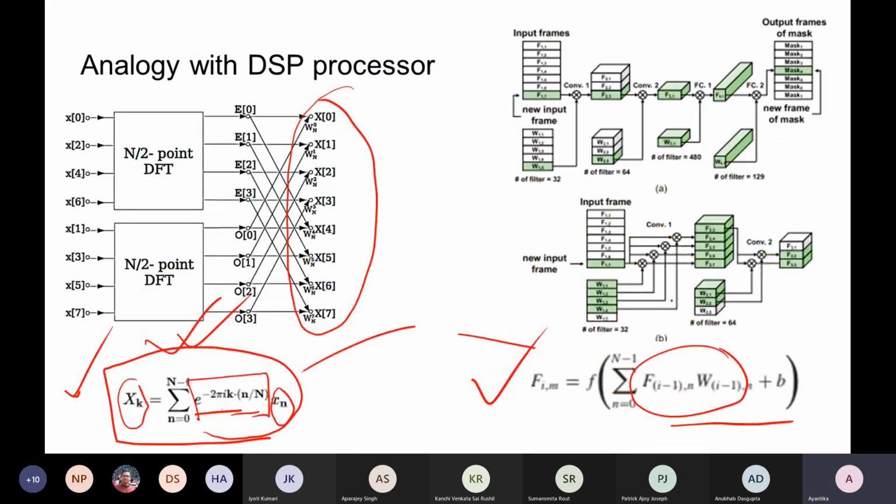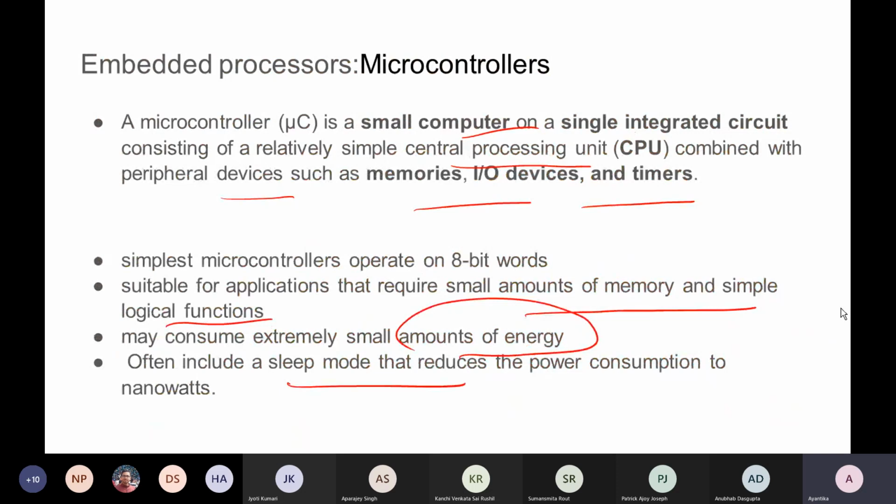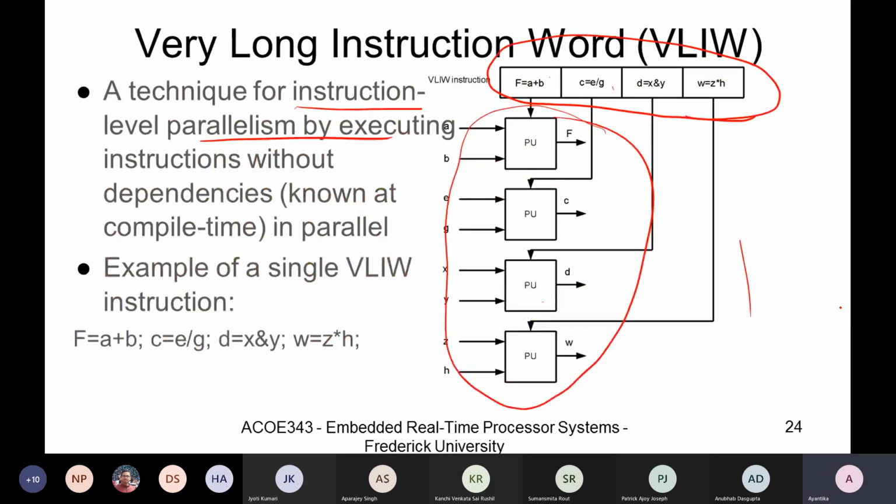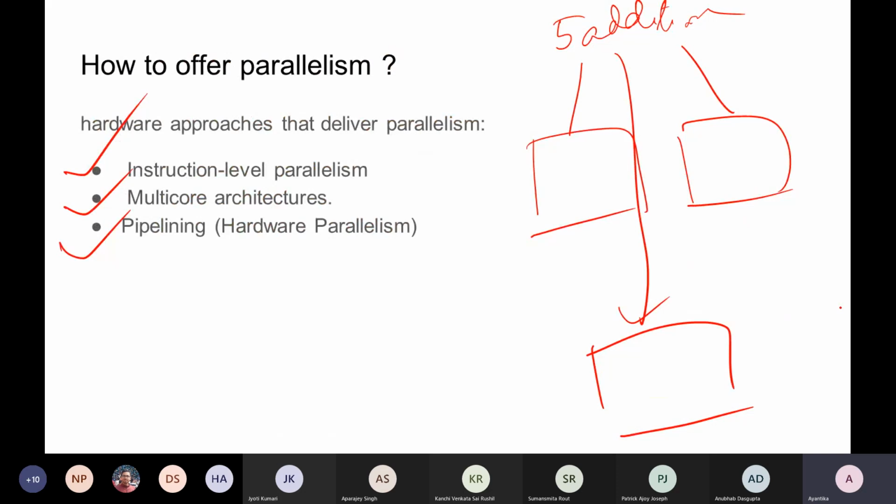Here we discussed the analogy where we saw one multiplication and one accumulate. The same type of operation we want to do in our signal processing scenario and in our image processing or convolution processing scenario also. So this type of memory arrangement is very meaningful in both cases.